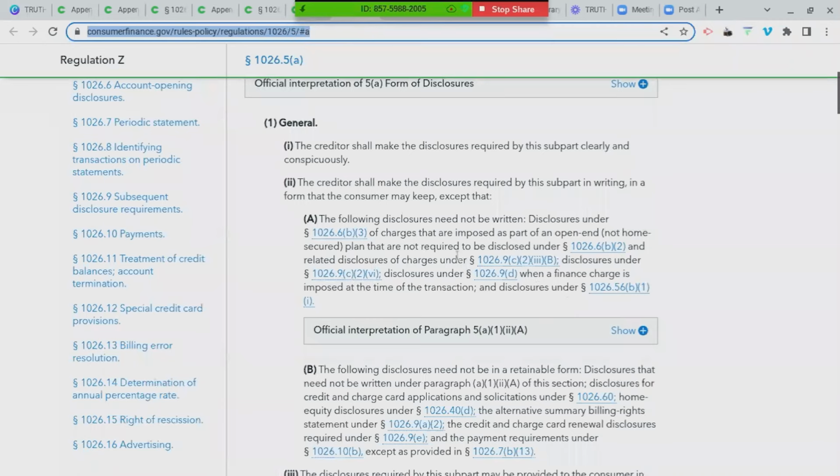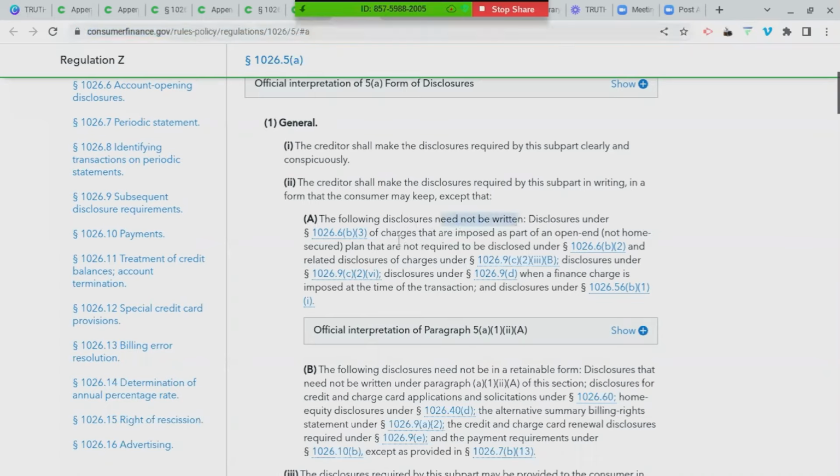This is pretty much telling you how they are required to provide you with those disclosures. They don't have to be written, and this tells you which disclosures are required and which are not. So you can't bring a claim under the Truth in Lending Act stating that you were required to be given a 1026.16 disclosure if 12 CFR 1026.6 is telling you that it's not required. So you also have a due diligence to know what's not required.